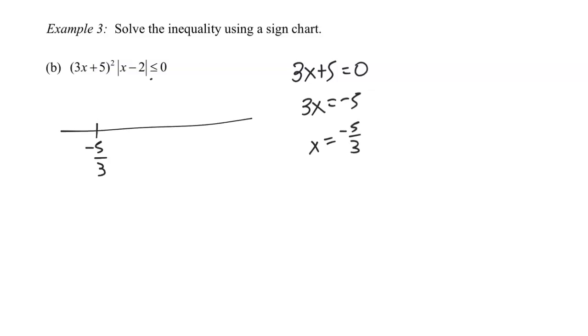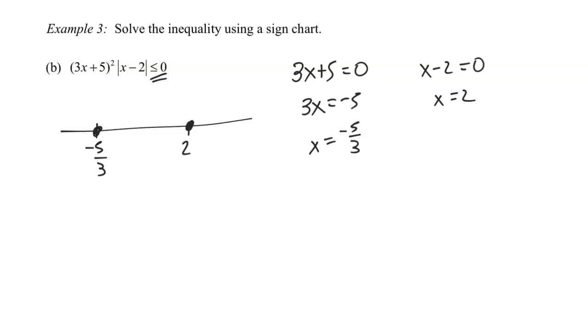And because we are including the zeros in this particular problem as opposed to example A, that's going to be a filled in circle so that I know to include that in my answer. Okay, the other factor is absolute value of x minus 2, so if you just take what's on the inside there, you're going to get x is equal to 2 as the other 0, and again, since we're including the zeros, I'm going to put a closed circle.